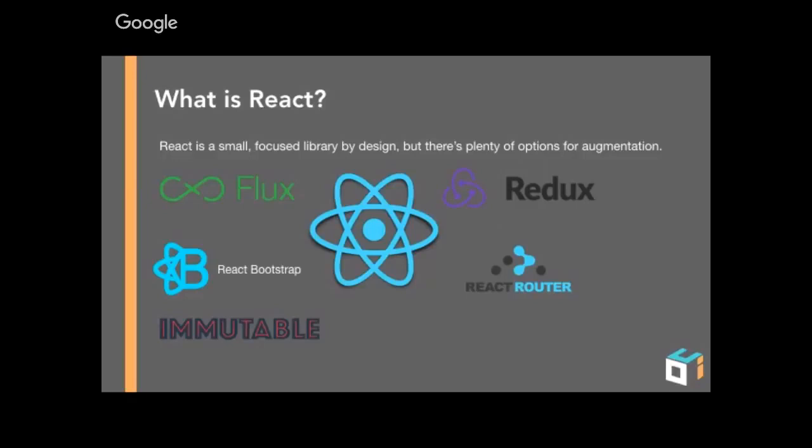Immutable, I'm not going to talk about it really, but it provides immutable data structures and some really nice API for handling collections and things of that nature. And you'll often see it used in React applications, so just be aware of that. And then Fetch and Axios are a couple of libraries for performing HTTP requests. Like I said, there is no $http or anything like that, like you would have in Angular to make REST calls.